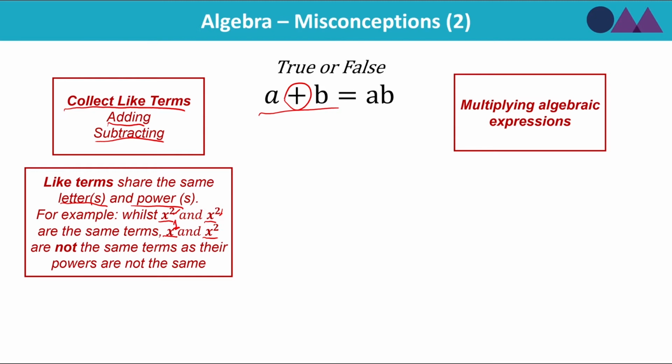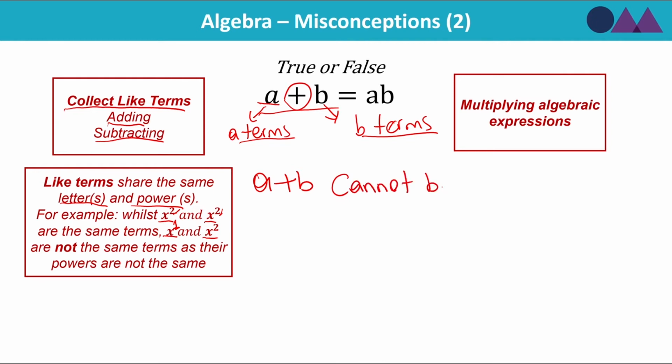Alright? In the question, this is a terms and this is b terms. As you see guys, they aren't the same, therefore we can't collect them. That means a plus b doesn't make ab. So we say a plus b cannot be simplified further.